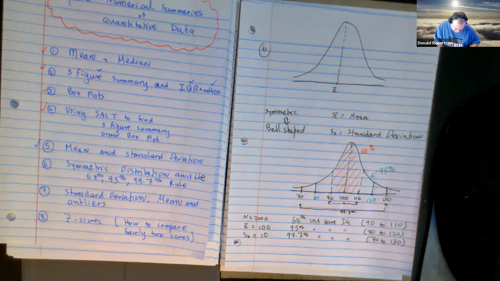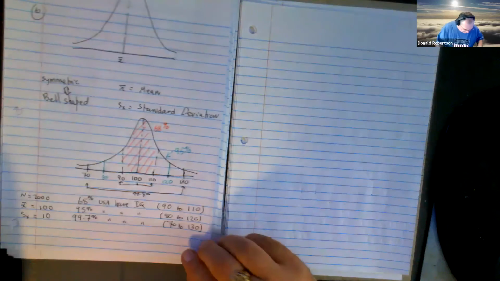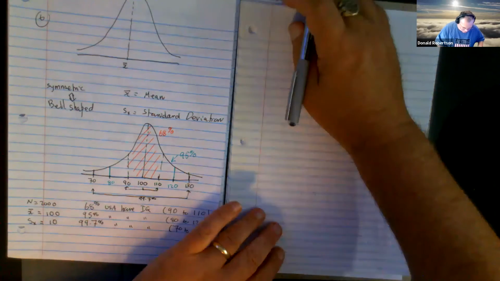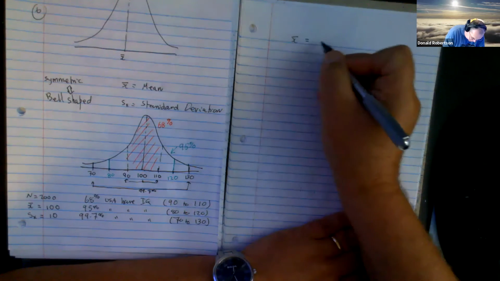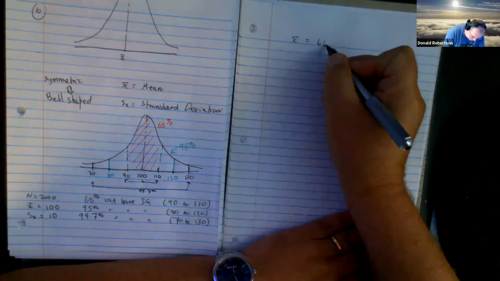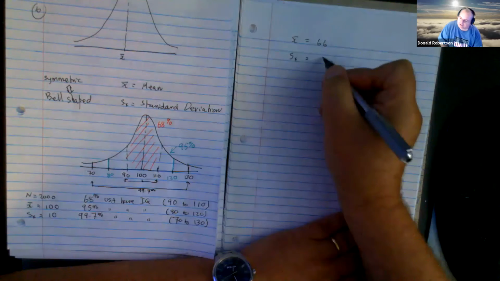Okay. So imagine that I collected some data on the height of Scotsmen. And I found out that their average height was 66 inches and that their standard deviation was 5 inches.